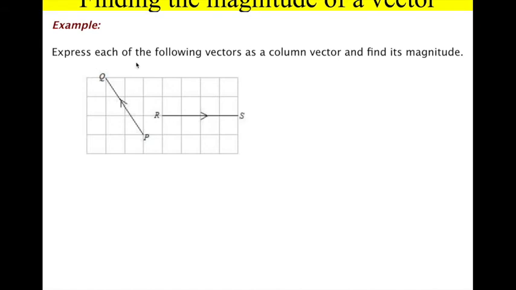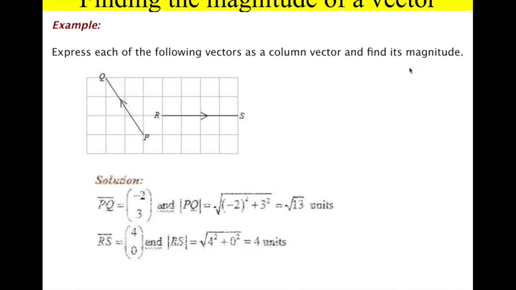Here's another one. Express each of the following as a column vector and find its magnitude. So vector PQ is equal to -2, 3 because it goes 2 units to the left and 3 units up, and then you use Pythagoras to find the magnitude or modulus.